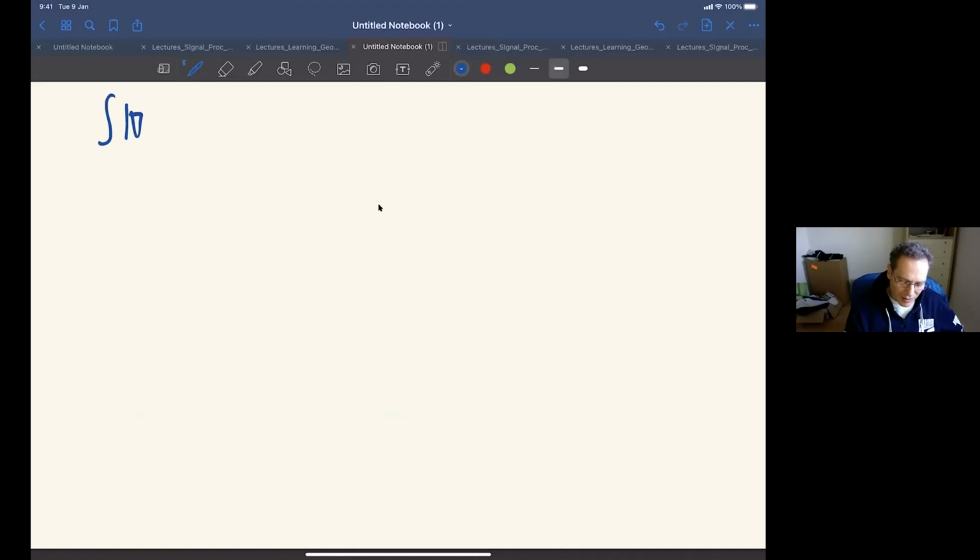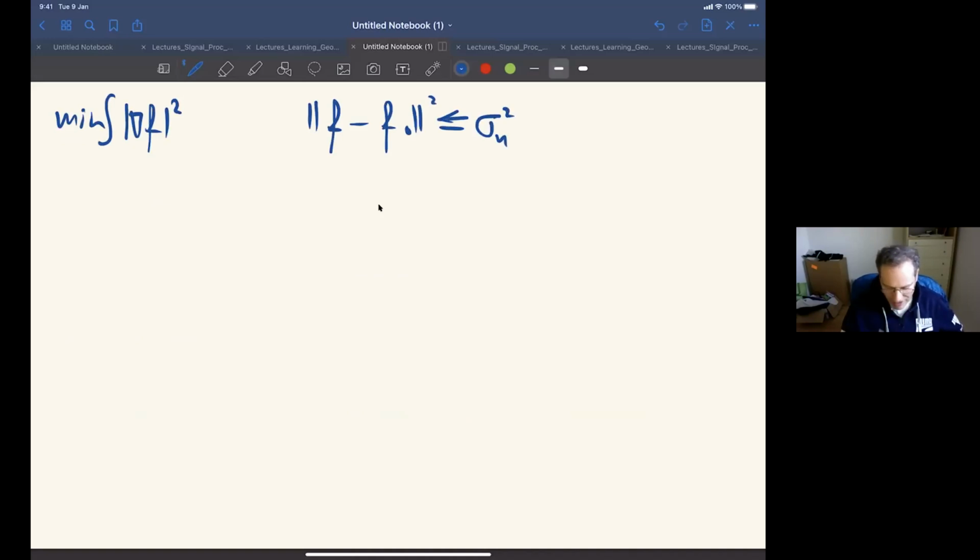Because they said, look, if somebody is giving me an image, what I would like to do is minimize this guy so that the image distance from some given original image, the norm between them, should be equal to the variance of the noise. Assume that I have Gaussian noise, and the only thing I know is that the variance of the noise is given.